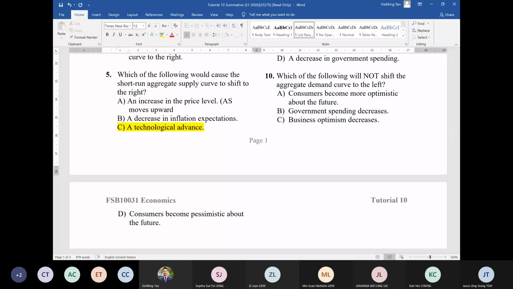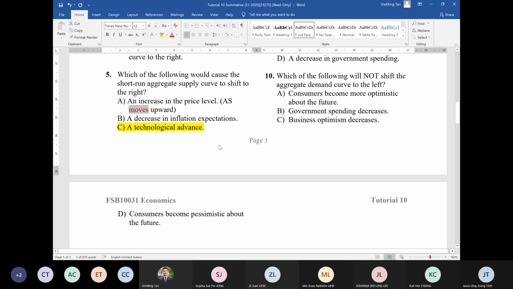Okay, because when the price of the product generally increases, this encourages the producer to produce more products. However, this is the price level, so this will move the AS curve upward, not shift, but only move. This is the keyword, moves upward. This is a keyword.